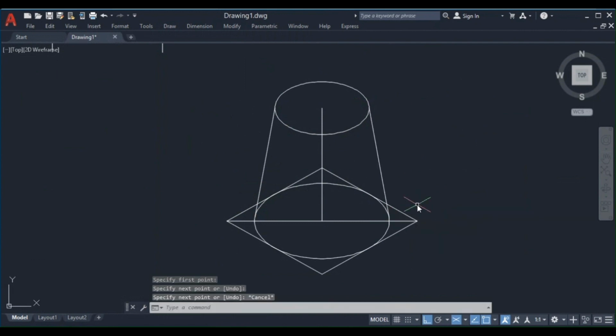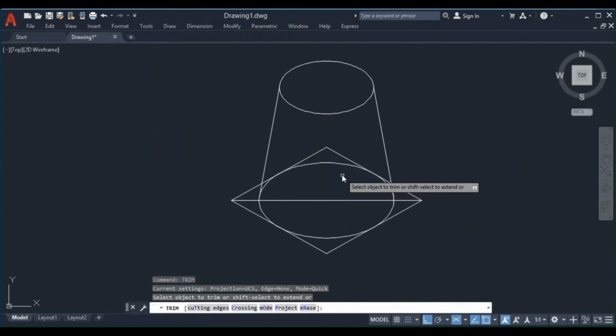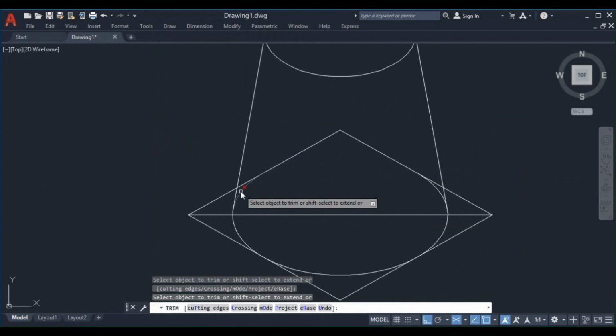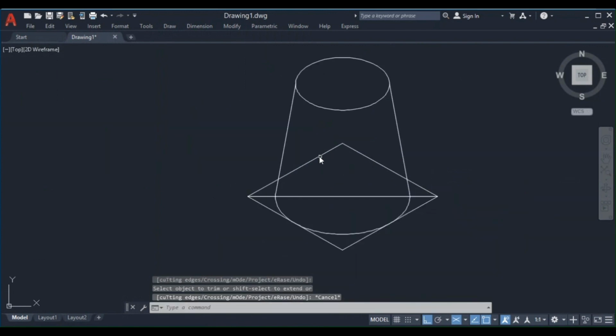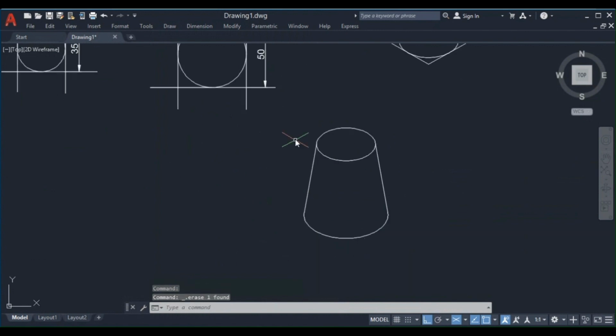Now remove the portions which are hidden. So that's the portion which is going to be retained. That is the frustum of a cone where the apex portion of it is removed by a section plane.